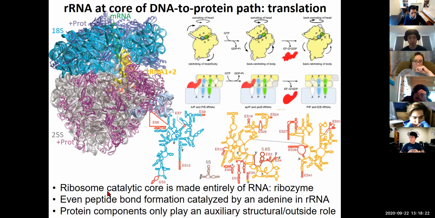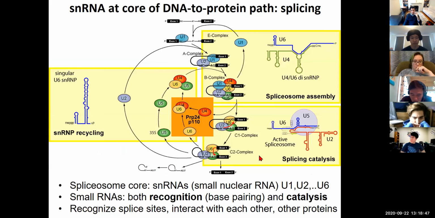But basically, the beauty of it is that the ribosome catalytic core is made entirely of RNA, and it's effectively the world's most awesome ribozyme. And even the peptide bond formation is actually catalyzed by an adenine in the ribosomal RNA. So basically, even that last part of creating this is actually done by an RNA. And the protein components only play an auxiliary and structural outside role.